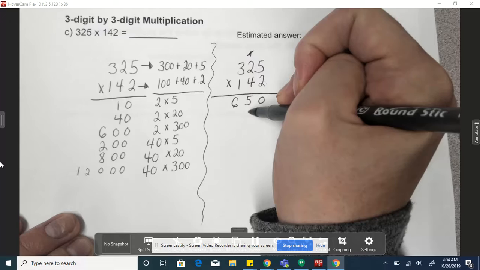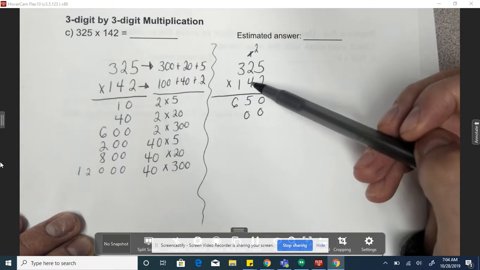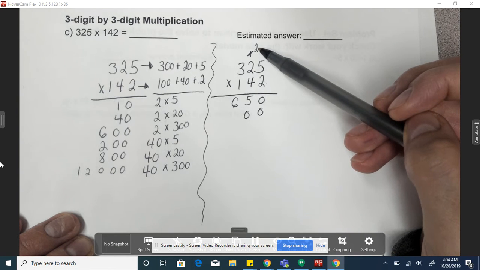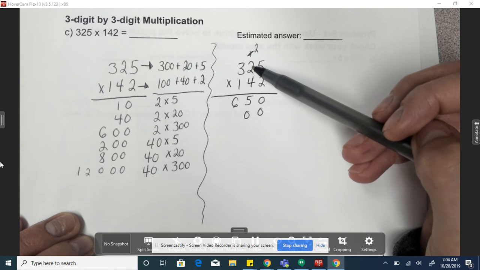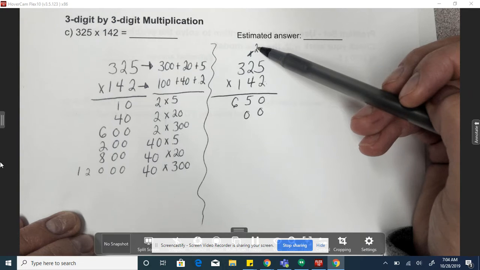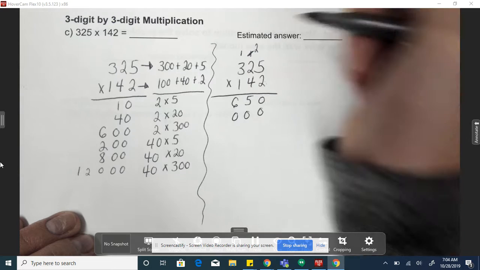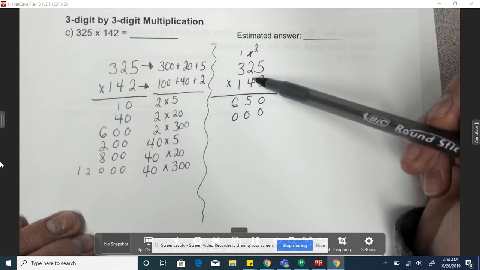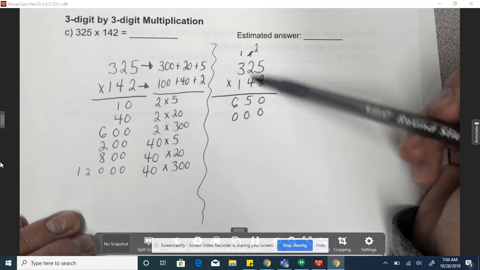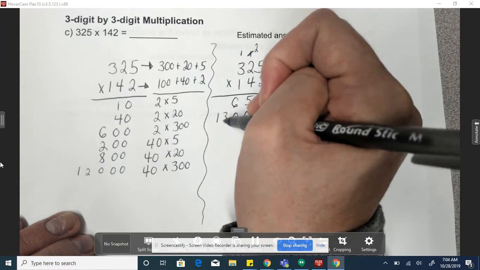So I'm putting a 0 in the tens place, carrying the 2. 4 tens times 2 tens is 8 hundreds, plus the 200 that we carried over is 10 hundreds. So I'm putting a 0 in the hundreds place, carrying the 1 to the thousands place. 4 tens times 3 hundreds is 12 thousands, plus the 1 that we carried over is 13,000. Did I do that right?